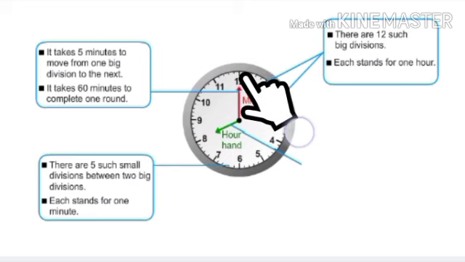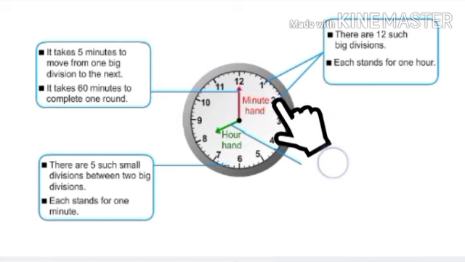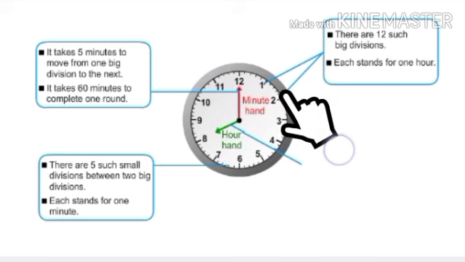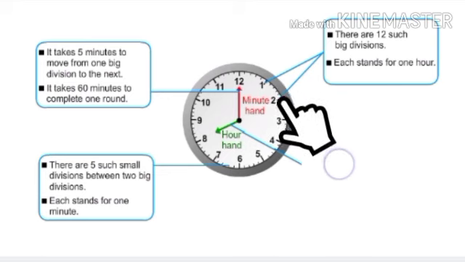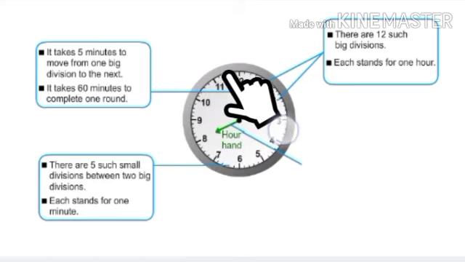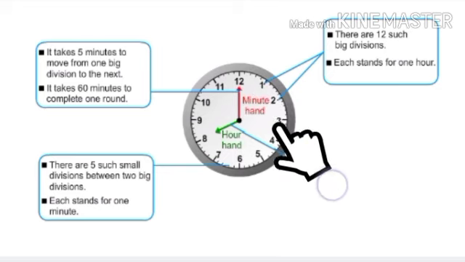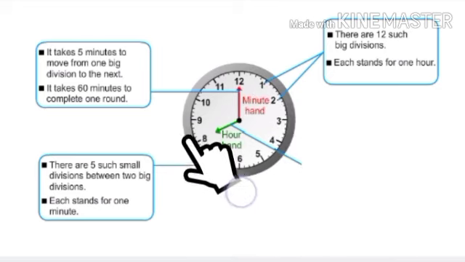It takes 5 minutes to move from 12 to 1, 1 to 2. So that is 5 minutes. It will take 60 minutes to go round a circle. It takes 60 steps to rotate one time.